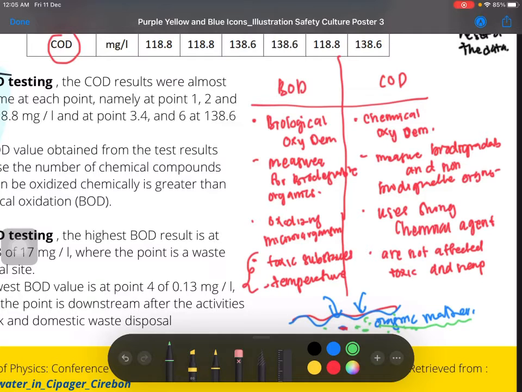If there are toxics in the water, they could damage and kill the microorganisms and affect the BOD process. If the microorganisms are low, the BOD will be low.